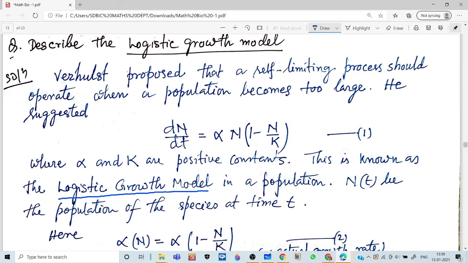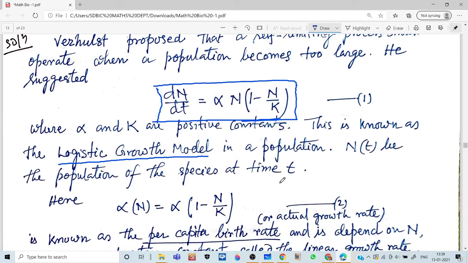And this is the model: dN/dt equals alpha N (1 minus N by K). N is the density of the population size of some single species, and N(t) is the population of the species at time t.